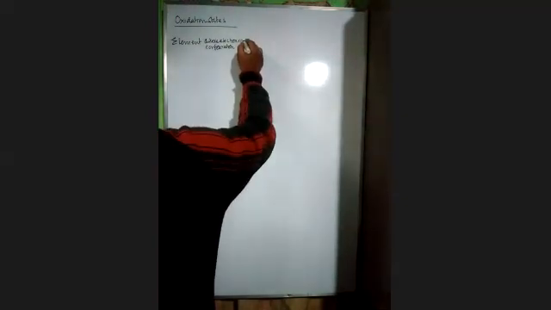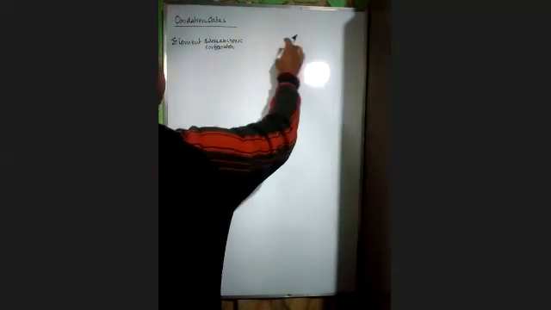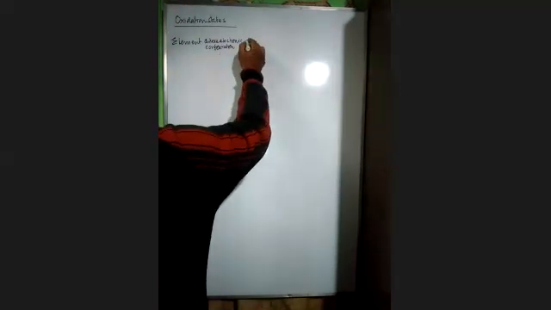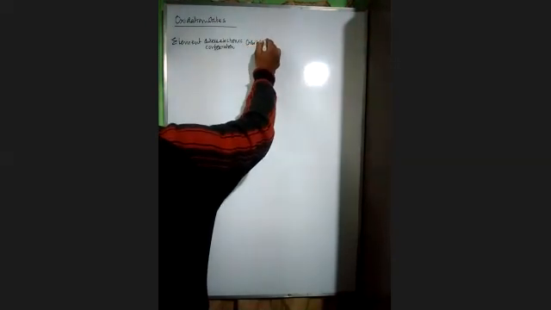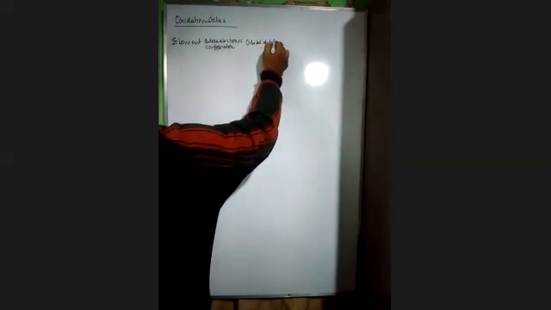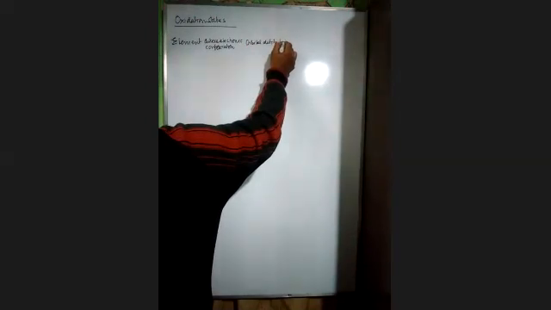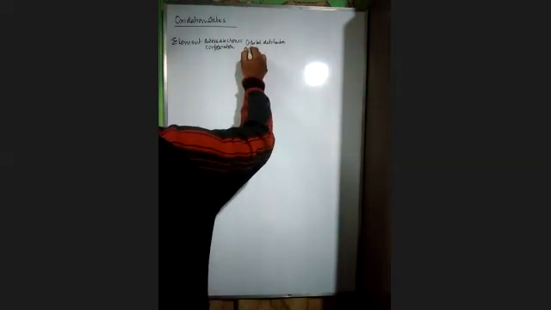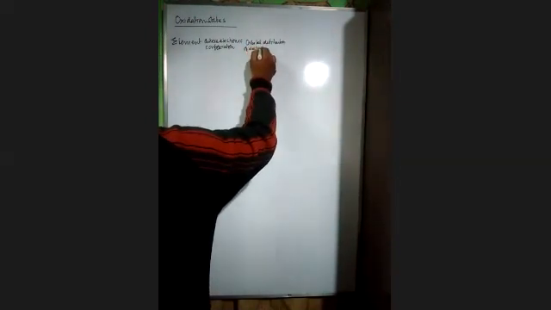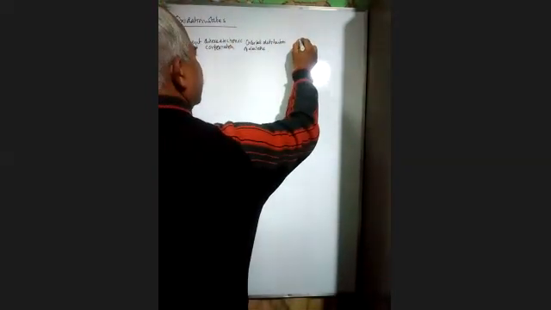And here I'm going to represent the orbital distribution of electrons and oxidation states.